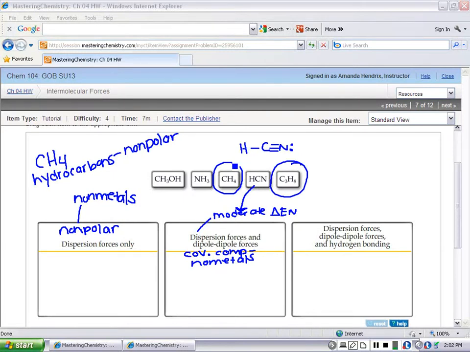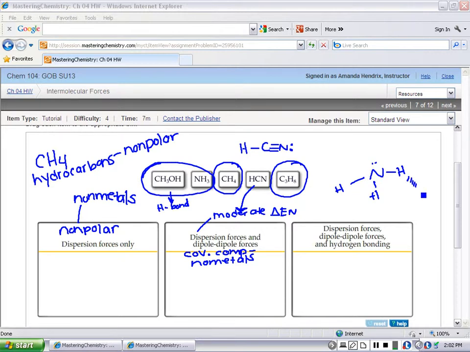The remaining two, by process of elimination, are going to be our hydrogen bonding. When we look at ammonia, this is what it would look like when we draw the structure. We've got a nitrogen bonded to a hydrogen, so we would have hydrogen bonding.